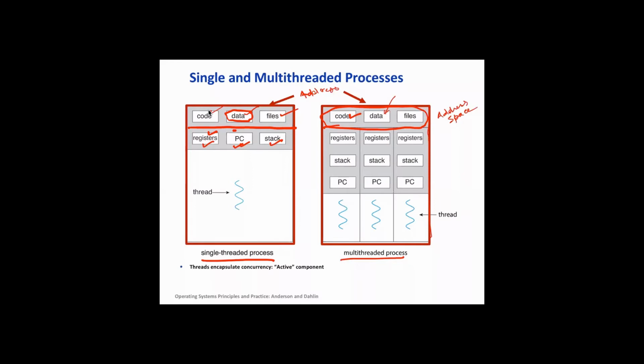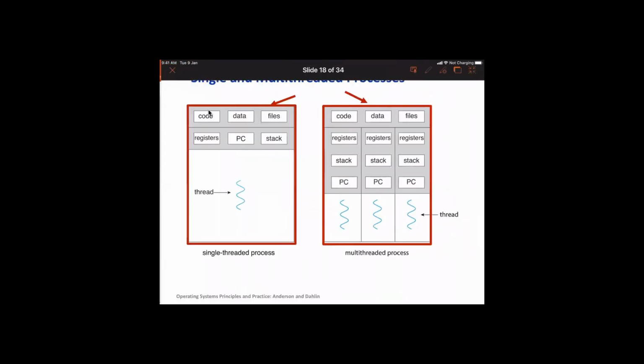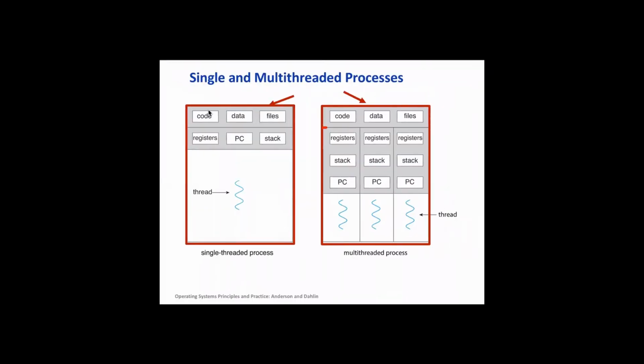So when we say a second thread is running at this point in time, assuming that we have a single processor, we are context switching one thread out, storing all these values which are local to the thread. Whatever is shown on top is common across threads, so the part above this line is common across all threads.